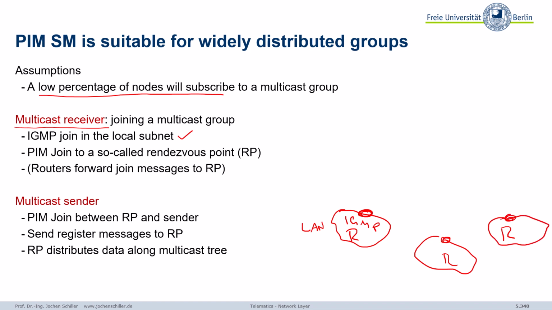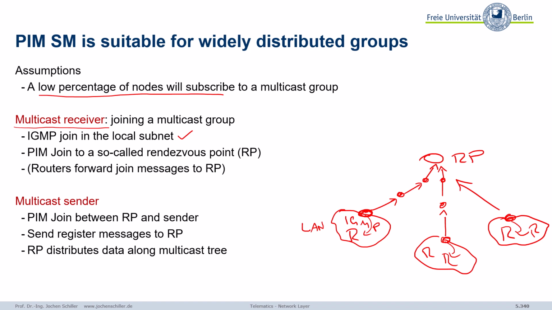And as long as there's at least one receiver here in a local area network, the routers will forward the multicast traffic in these local area networks. Okay? And then we will see we have special rendezvous points here, and the routers in between, their job is to forward join messages to the rendezvous point, as we will see, across many other routers.